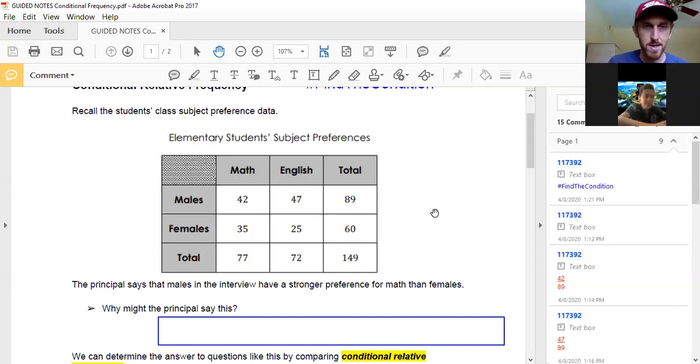One of the things that I notice is that the boys like math more than the girls like math. So if you're looking at this data, would you agree with Mr. Yockel that more boys like math than girls?